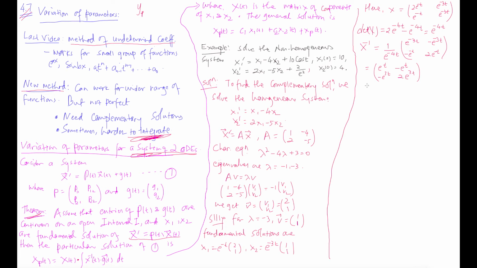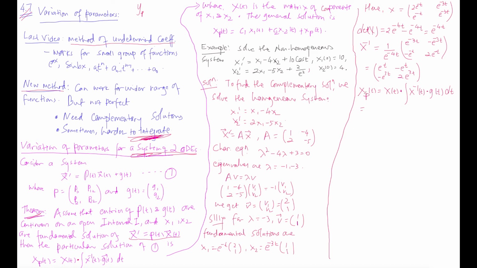Now we use that formula in the theorem. What is Xp? The particular solution is basically we use X of t times the integral of X inverse of t times g of t, right? And then dt. That's what you do. So let us plug in those in the matrix form. What do you get there? Let us first write down X of t in the matrix form.